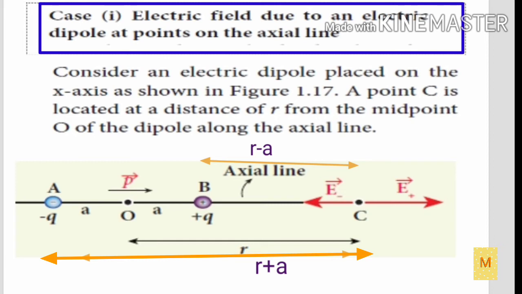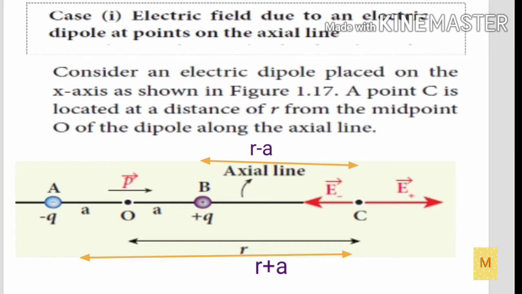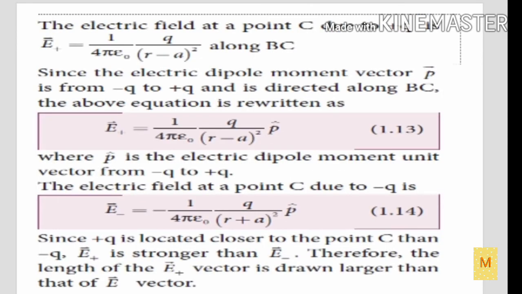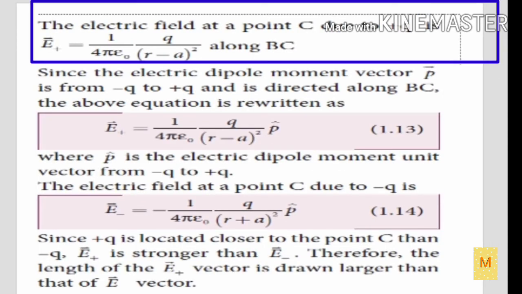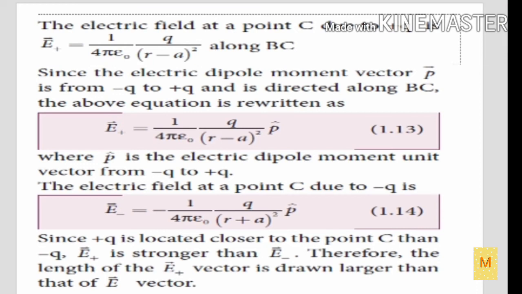At the same time, the electric field due to the negative charge is represented by E minus vector. The electric field at a point C due to the positive charge plus q is written by the equation E plus vector is equal to 1 by 4 pi epsilon naught into q divided by (r minus a) squared. This field direction is along BC.